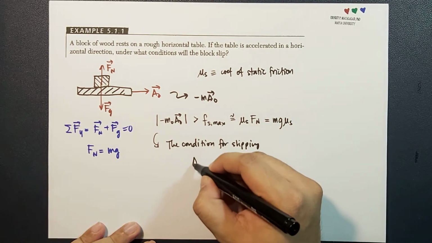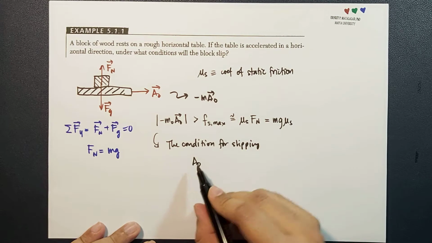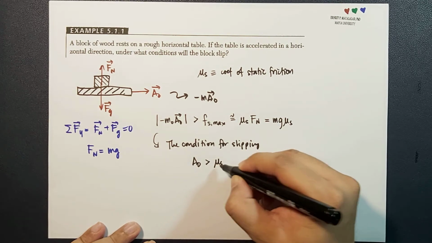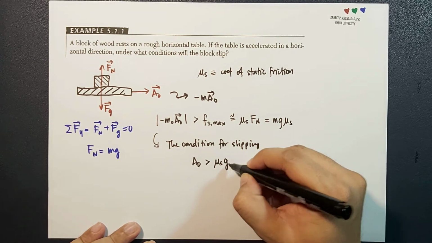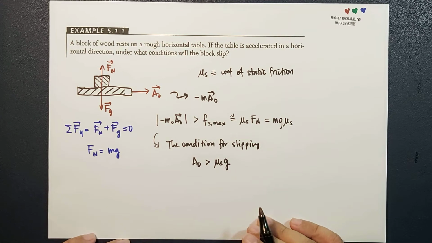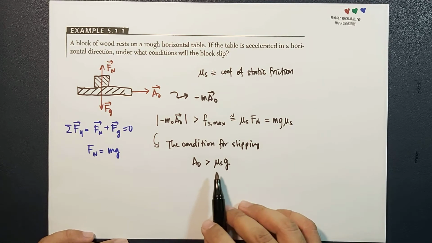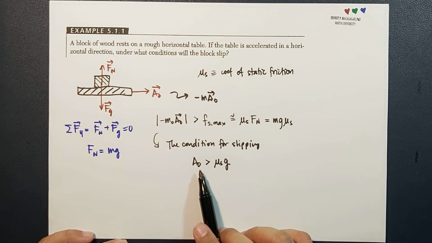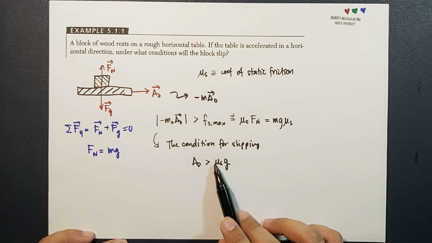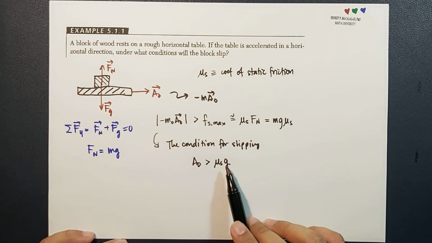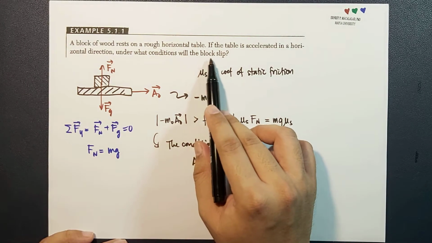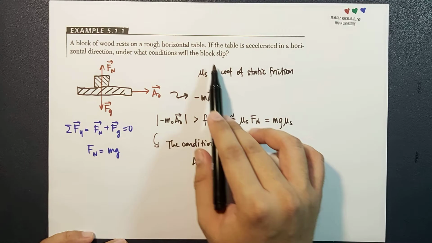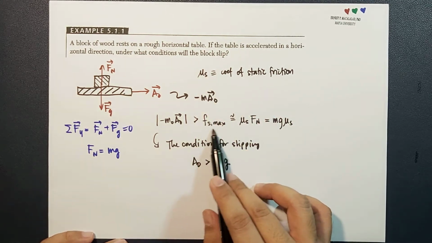is that a naught, the acceleration, must exceed mu s times g. That means we must exert as much force as needed to overcome the frictional force. Remember that in order for the block to slip, it must exceed your static friction.